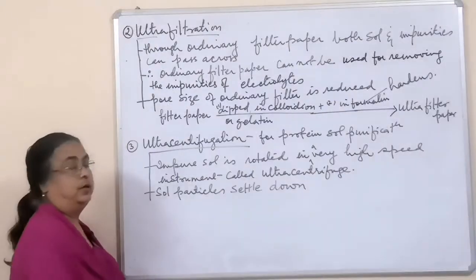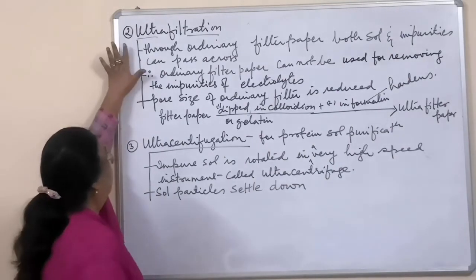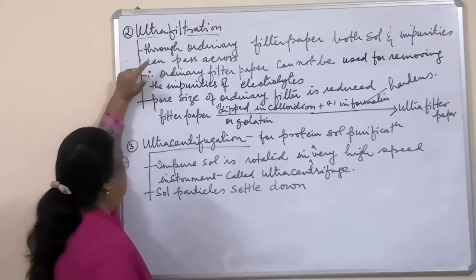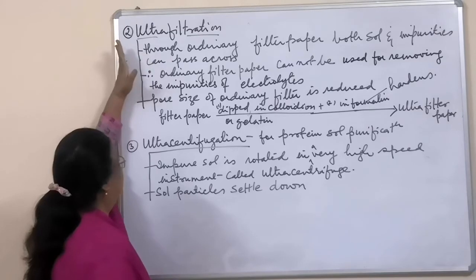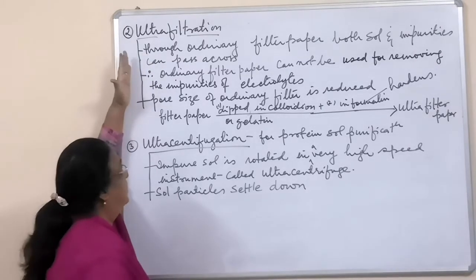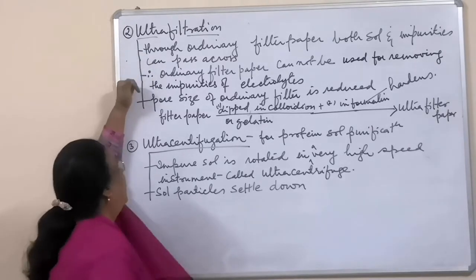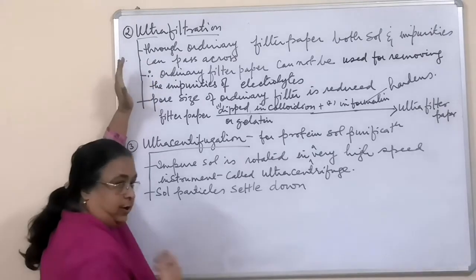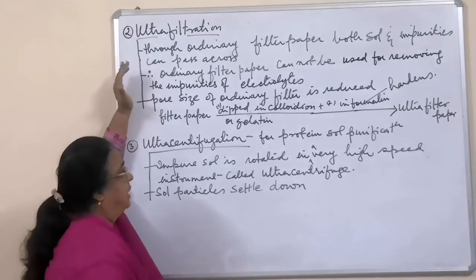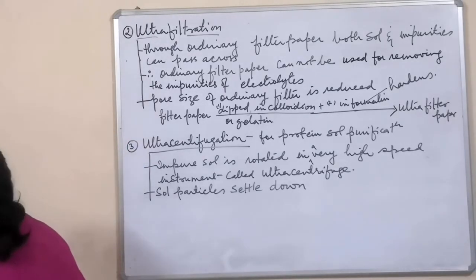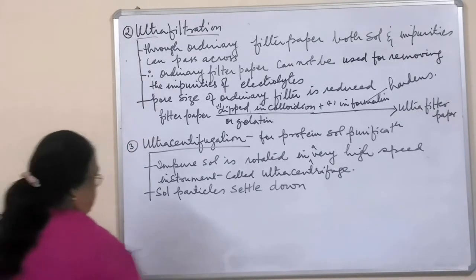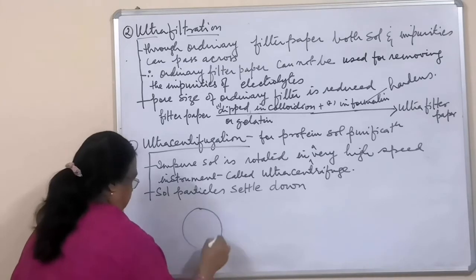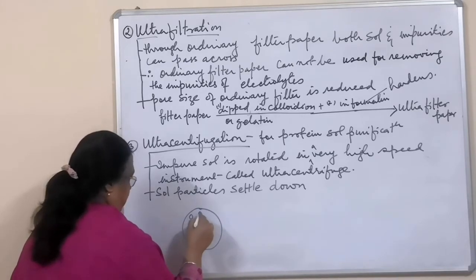Now the second method of purification is ultrafiltration. For this a special filter paper called ultrafilter is used, and that is prepared from ordinary filter paper. But ordinary filter paper cannot be used directly, because the pores of this filter paper are quite big.